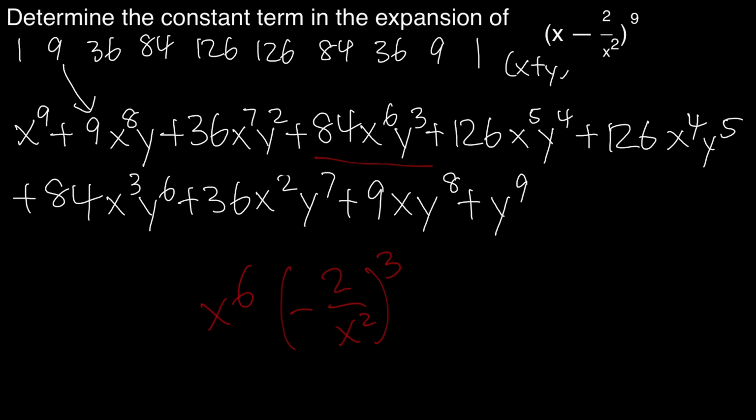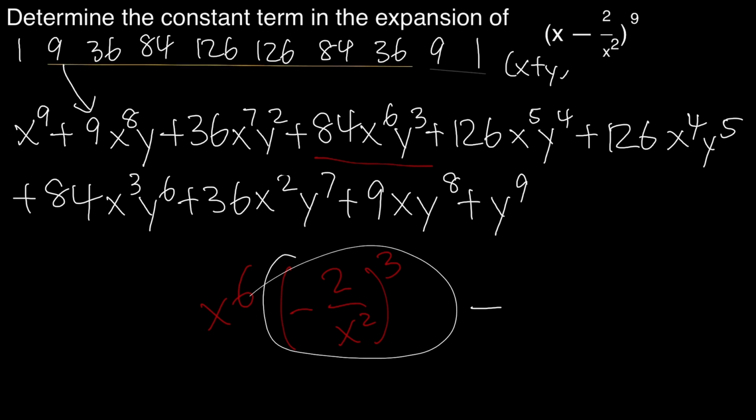Now this right here, because the exponent's odd, we're going to keep the negative sign. And 2 to the 3rd, using the distributive property, since there's a parenthesis, the exponent here is distributed to both the denominator and the numerator of the fraction.